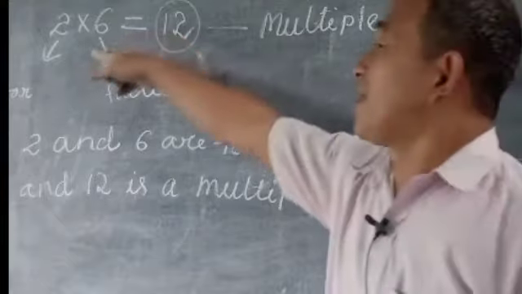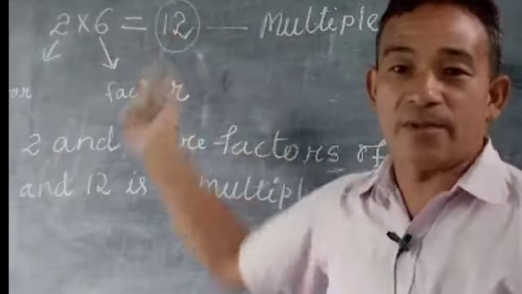When we multiply these two numbers, we get 12, and that 12 is a multiple.